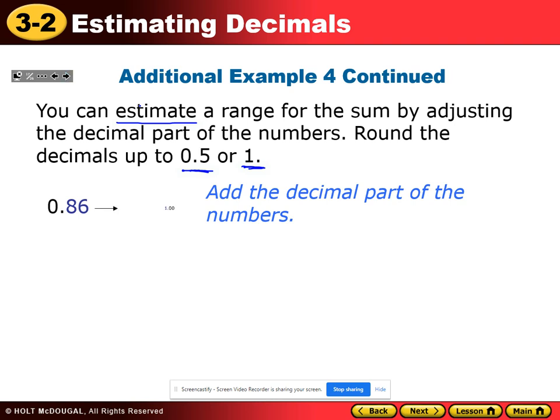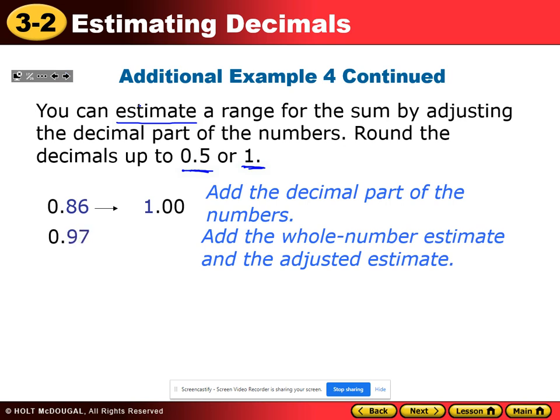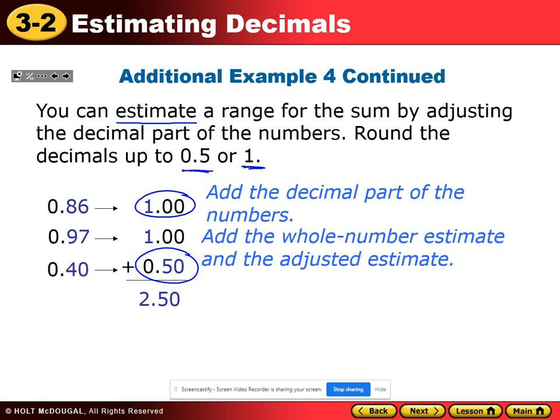That would round to 1, because that's closer to 1. 0.97, that would be 1. 0.4, that's close to half, so that would round to 0.5. Then we can add them all and we get $2.50. You're going to either pick a half or a whole. That's the idea behind this. It's a way to get an estimate.